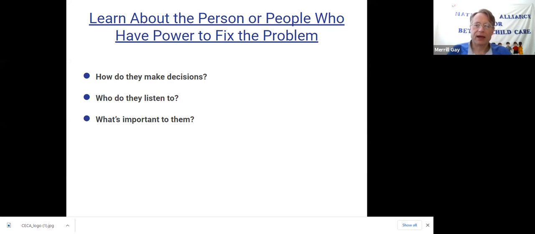That's why we need to have this. If this is a person who has an education background, maybe what you want to be talking about is the importance of child development and how critical those early years are. So knowing what's important to them helps you craft the most powerful argument to go at them with.